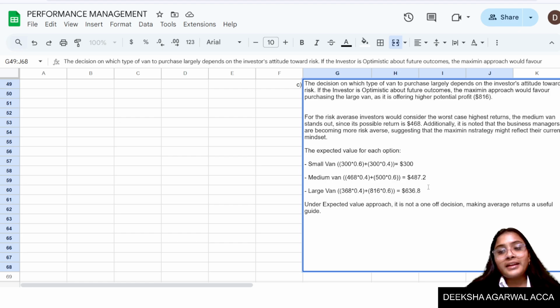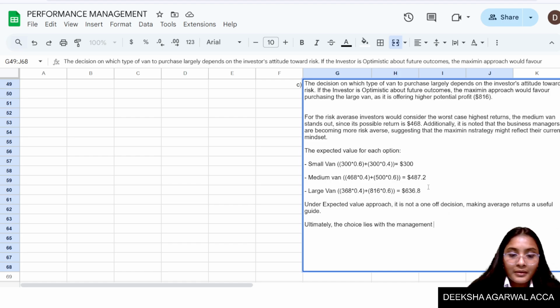Now, what can be the next thing? If you look at the choice, it basically depends, but I feel like the medium one is the most sensible, right? So you can write down that ultimately the choice lies with the management. Okay.